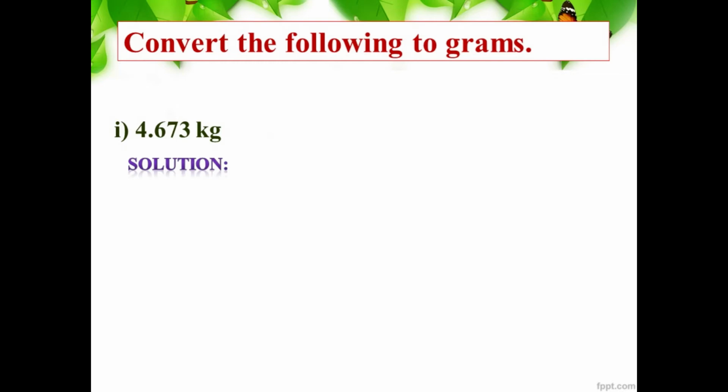Kg is the greatest unit. Then from kg, how many steps do we have to move to gram? First step, from kg we reach hectogram. On the second step we reach decagram. Third step only we reach gram. So we have to multiply by 10 into 10 into 10, three tens. Therefore, 1 kg equals 1000 gram.